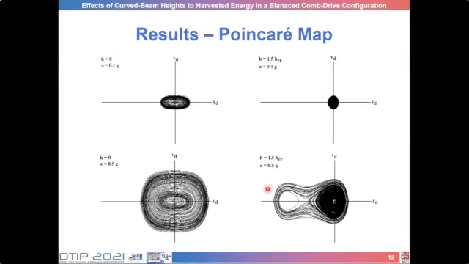Here we have Poincaré maps for different conditions. On the left-hand side, we have the case of a straight beam. On the right-hand side, we have the case of curved beams with an H of 1.5 critical beam height. The top ones are the case of 0.1 g acceleration, which means 0.98 meters per second squared, and the bottom ones are with a higher acceleration of 0.5 g.